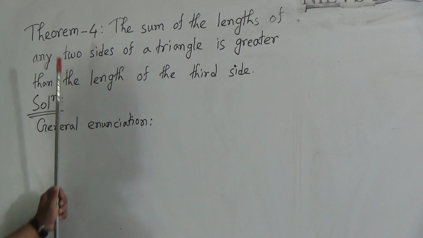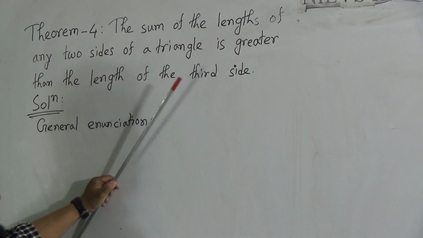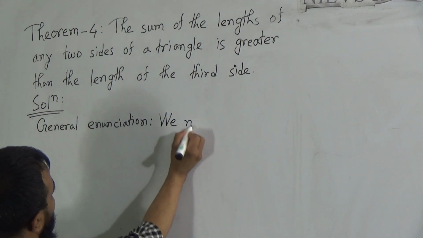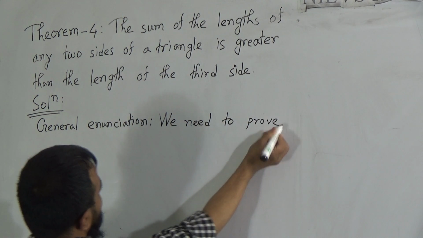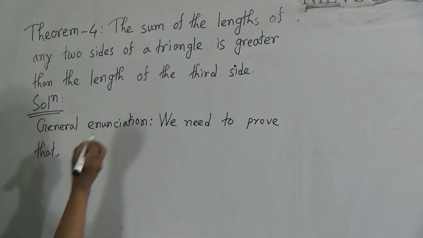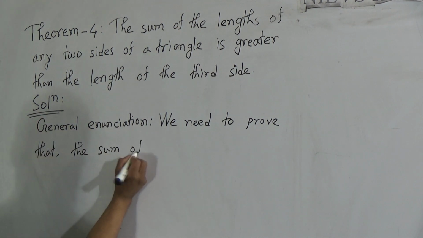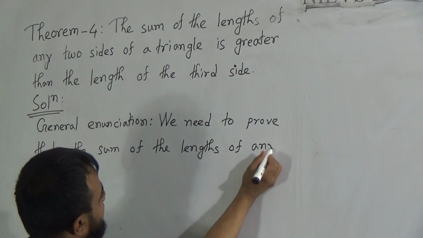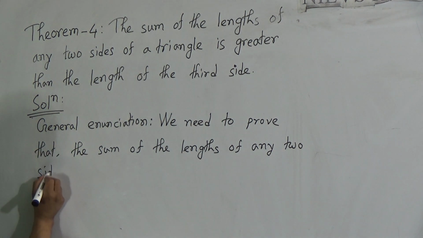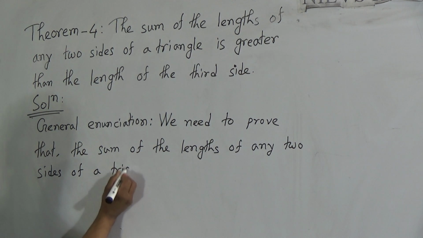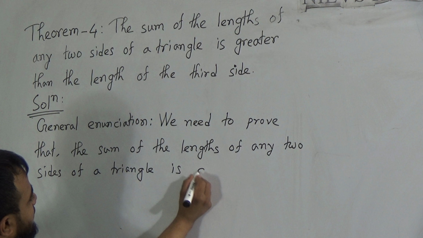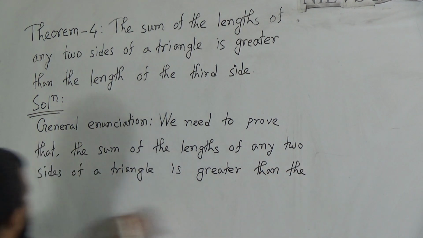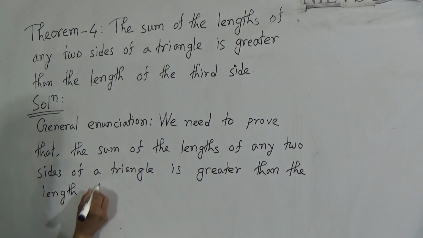We will write down that we need to prove that the sum of the lengths of any two sides of a triangle is greater than the length of the third side. We will write this down as the general enunciation.